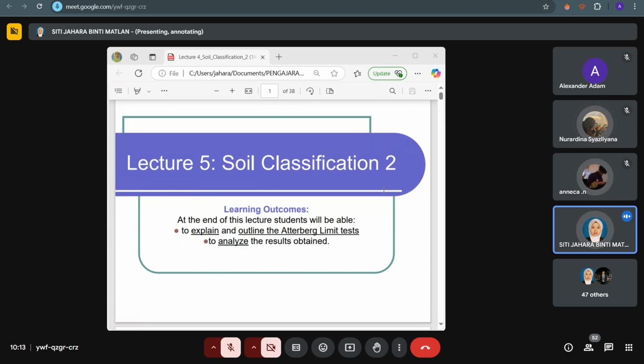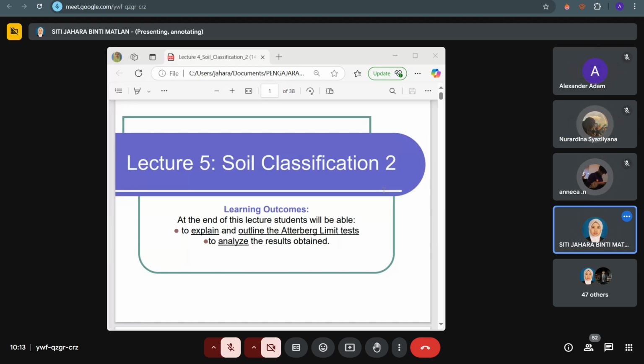We also introduced the concept of Atterberg limits as a terminology in soil, in brief, which are essential for classifying the fine grain soil based on their plasticity behavior.